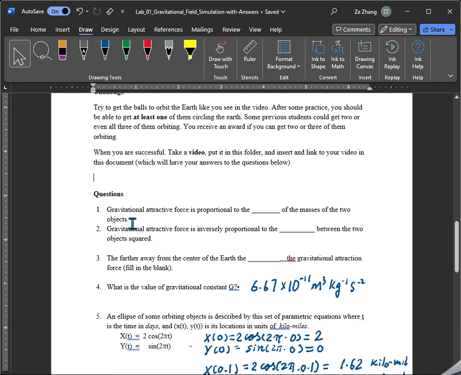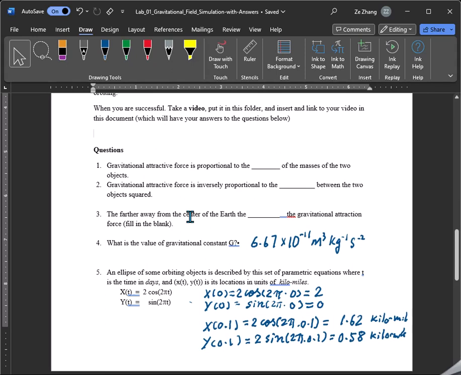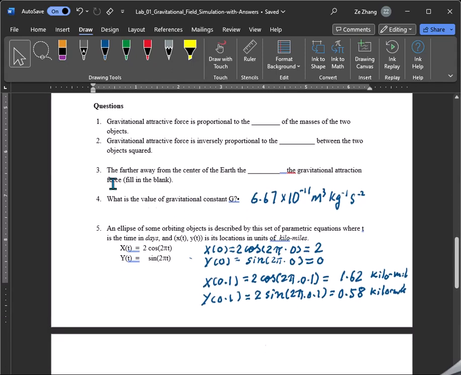Number 2: gravitational attractive force is inversely proportional to the distance between the two objects squared. In other words, if the distance is large, the attractive force becomes weaker. That's intuitive.